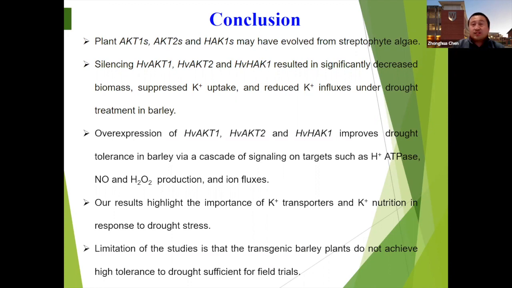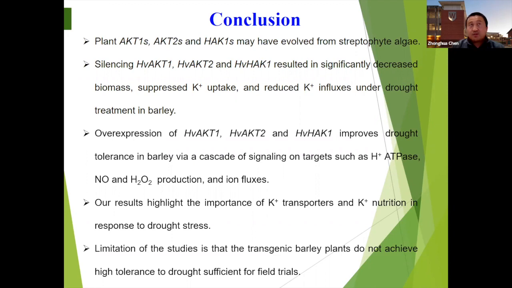I think this is reasonable because disrupting, overexpressing or silencing one of those transporters can only partially affect drought tolerance. You can understand that it's because, as I mentioned earlier, there are so many potassium channels and transporters around and controlling.